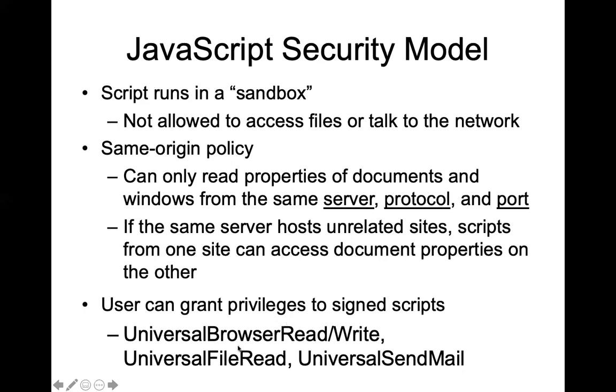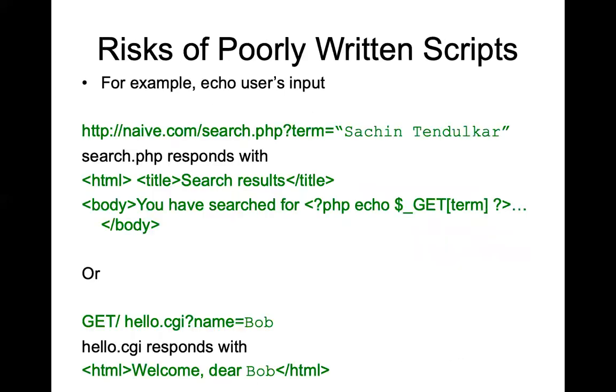Some browsers support this, and these are called universal browser read, universal file read, and universal send mail. But we are not going to be concerned with this. I'm just telling you that there are exceptions to the same origin policy. We are mostly going to be concerned with the implementation of the same origin policy and attacks that work within the constraints of the same origin policy.